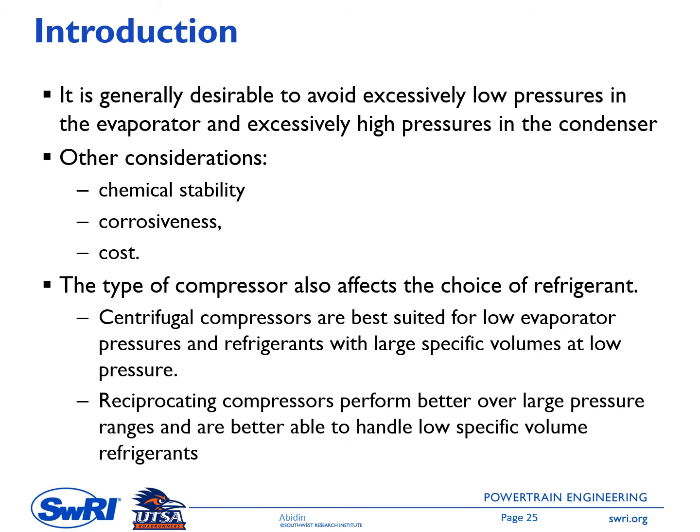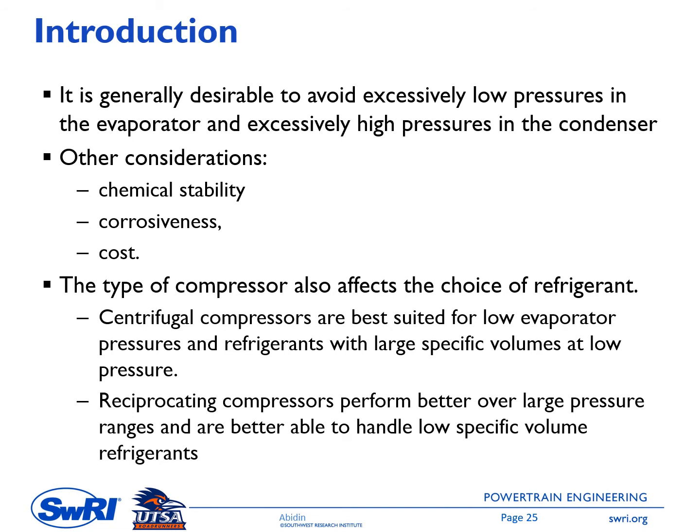And if we have excessive high pressure, we also have a higher propensity for leaking. At the same time, we need a special kind of material that is able to sustain or operate under this high pressure condition. And then other considerations include chemical stability, corrosiveness, and for sure the cost.